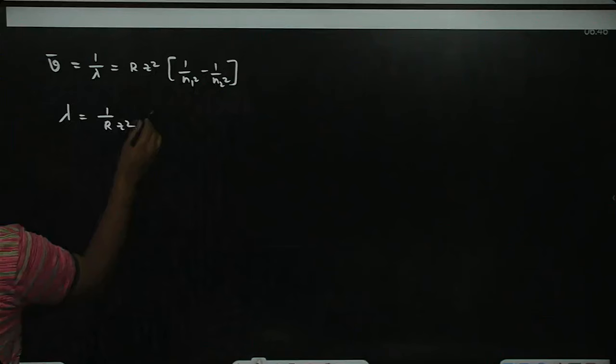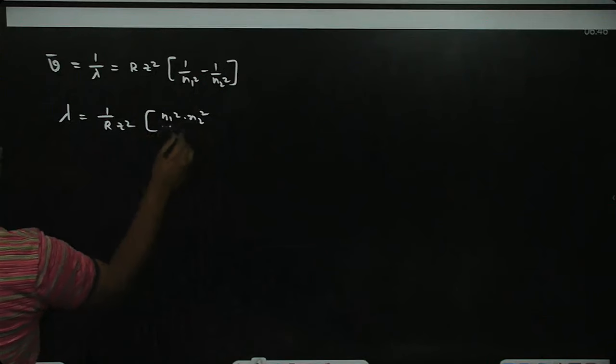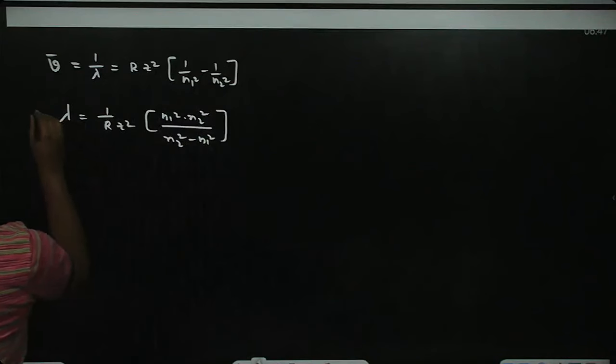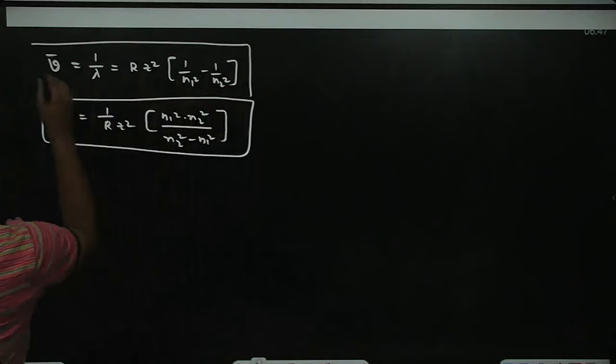Otherwise, if you need to find lambda directly, meaning wavelength, how do we write it? 1 by R Z square into n1 square n2 square by n2 square minus n1 square. This is the formula for lambda, and the earlier one is the formula for 1 by lambda.